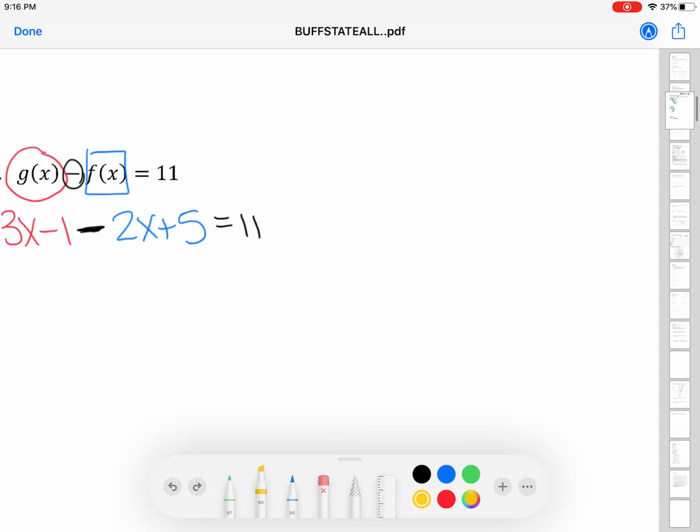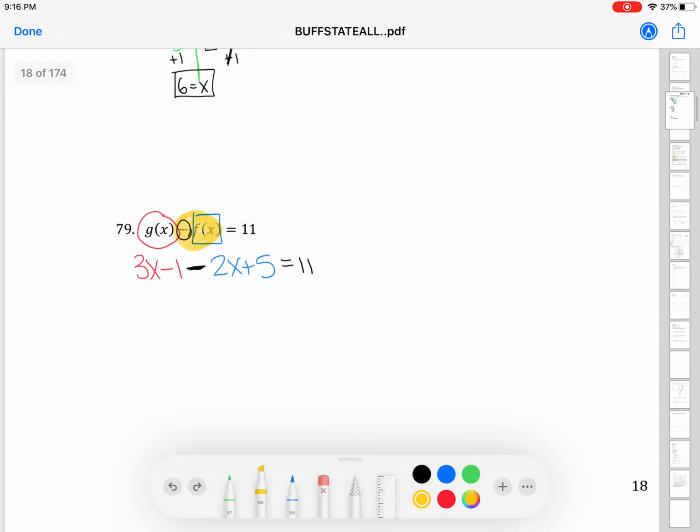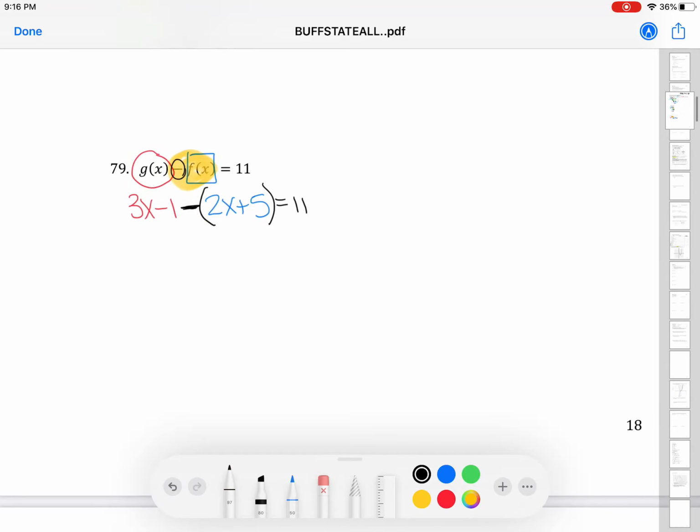So here's why this one is a bit of a doozy. Okay, you are subtracting f of x. So if you look right here, whoa, sorry, it zoomed in on me. You're subtracting all of f of x. The whole thing is being subtracted. So you're not only subtracting 2x, you're subtracting the whole thing.